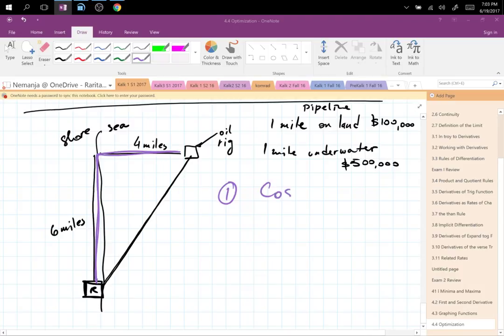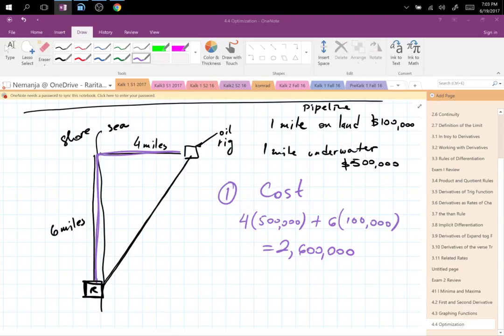What's the cost to build a pipeline? You have 4 times $500,000, that's underwater, plus 6 times 100,000, and you have 2,600,000 to build the pipeline that goes on the coast, right?